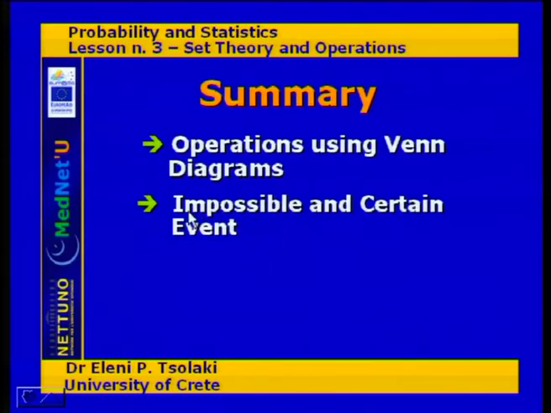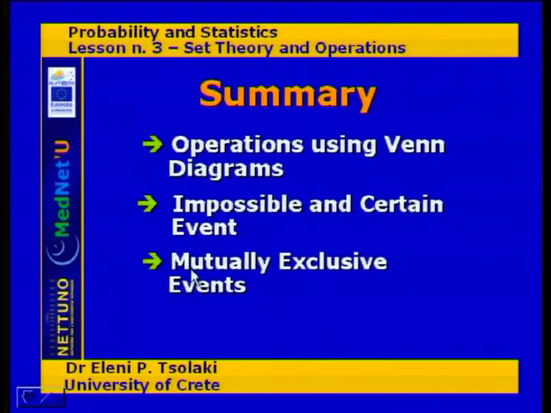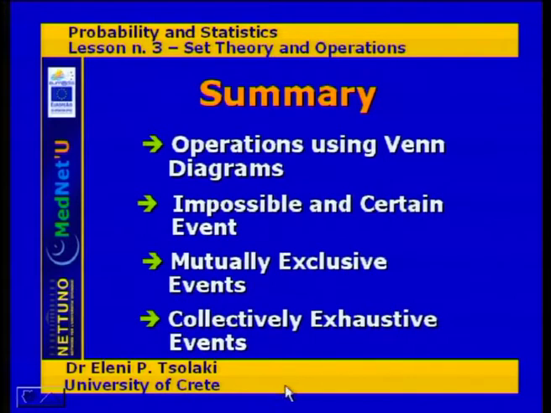What is the impossible and the certain event? What are mutually exclusive events? And finally, collectively exhaustive events.